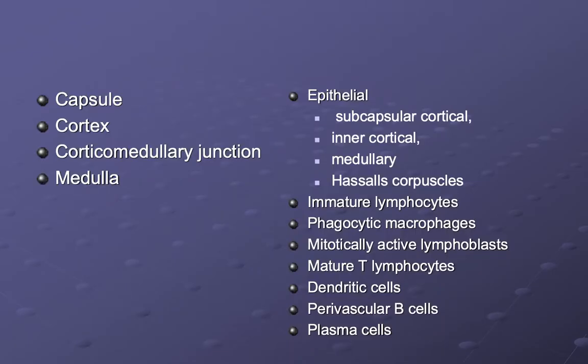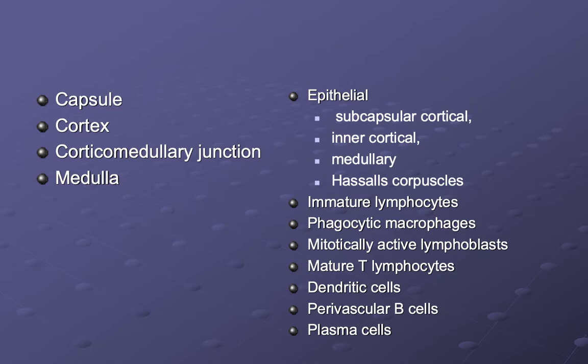Just to summarize everything I've told you: in terms of region, from superficial to the central portion of the thymus, we have the capsule, the cortical region, the corticomedullary junction, and the medulla. The cells we expect to see are described from superficial to central.